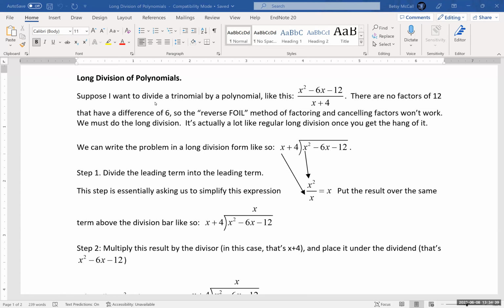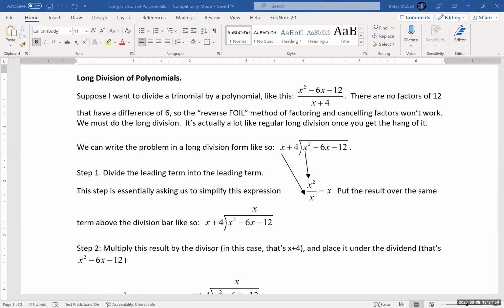You want them in order. Typically, we do descending order. If you're working with Taylor polynomials in Calc 2, you may want them in ascending order. But the general procedure remains relatively consistent.